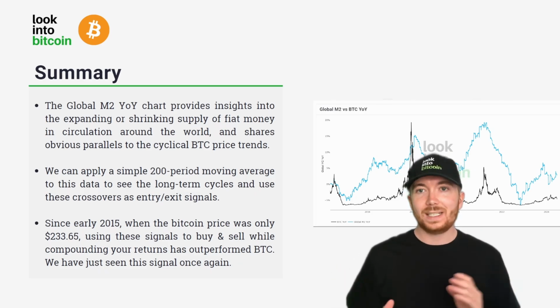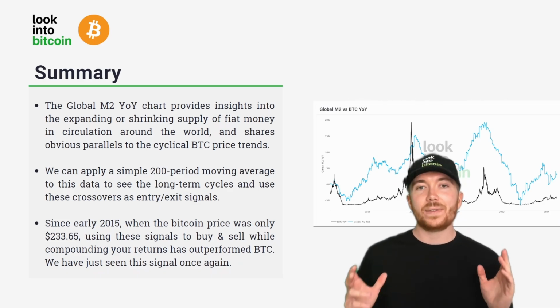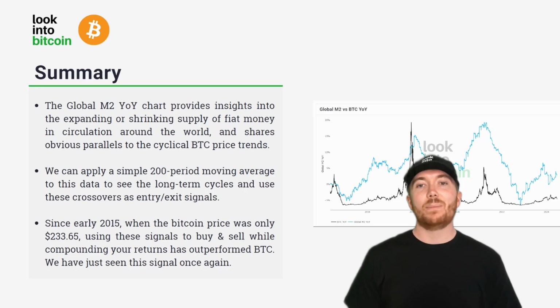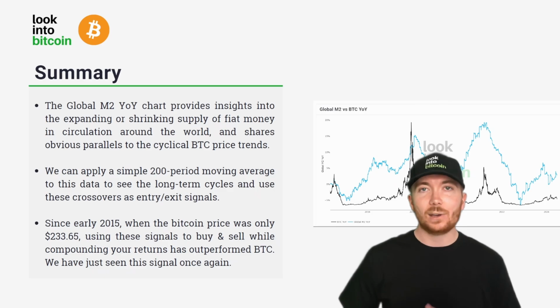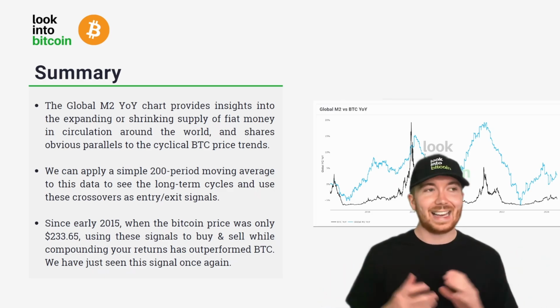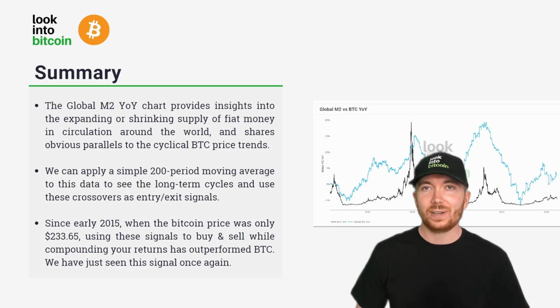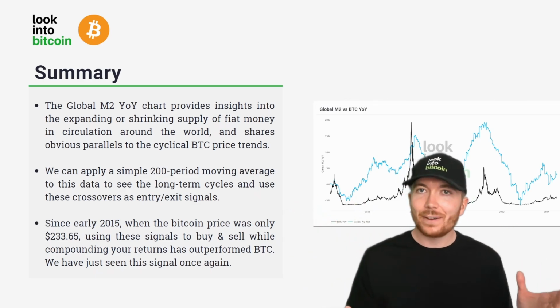And since early 2015, April 2015, when the Bitcoin price was only $233.65, using these signals to buy and sell while compounding your returns has outperformed BTC, the best performing asset globally over the last decade, providing over 26,000% returns from that initial buy entry to the Bitcoin price cycle peak we've seen. These signals have outperformed that.